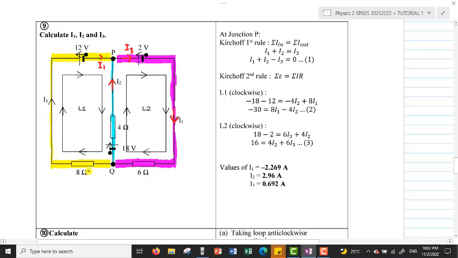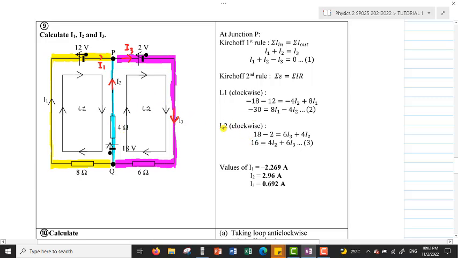This I1 passes through the 8 ohm resistor, so we have positive 8 I1. Negative 18 and negative 12 give negative 30, so negative 30 equals 8 I1 minus 4 I2. That will be our second equation.